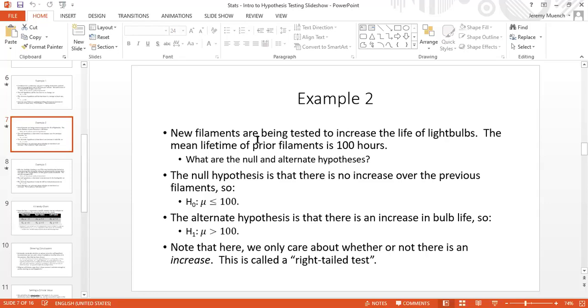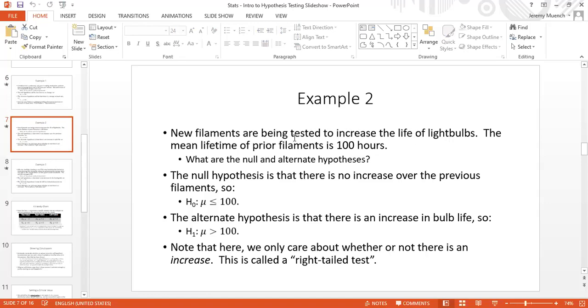So this idea of only caring about an increase is at best naive and at worst actively providing misinformation. So, dubious setup, but we're running with it just to give an example of what a right-tailed test looks like.